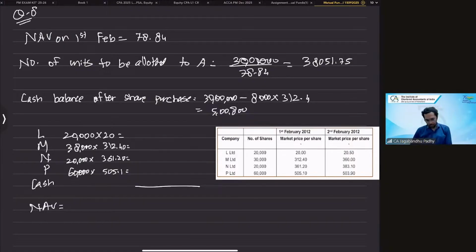So we have all these numbers. Now, what will be the value of cash? 5,800,000. So give me the total value of this.